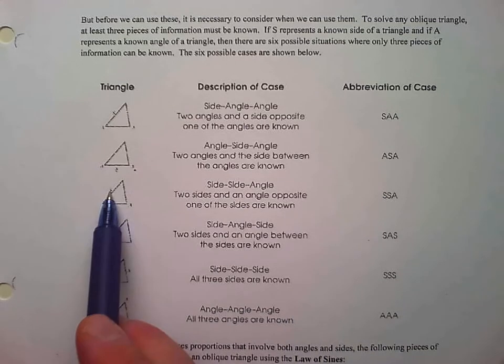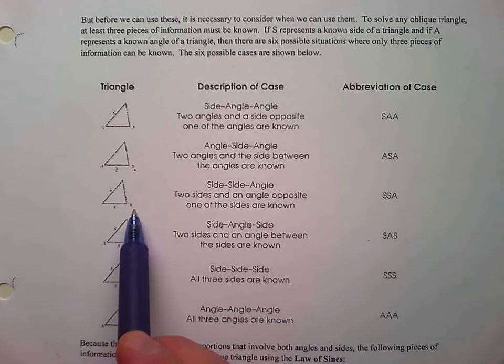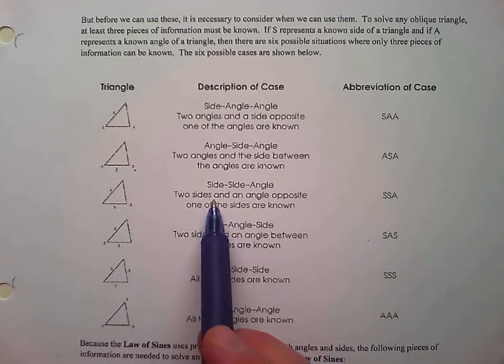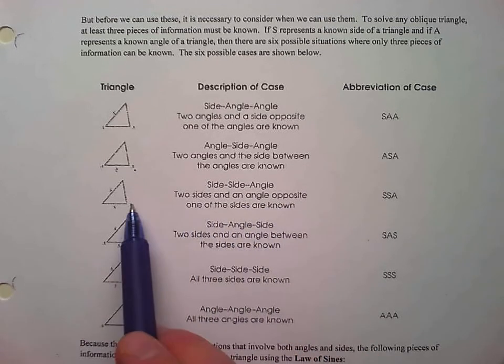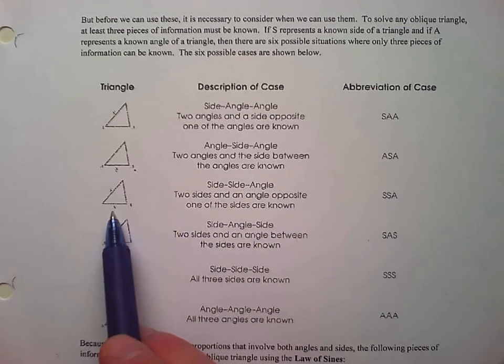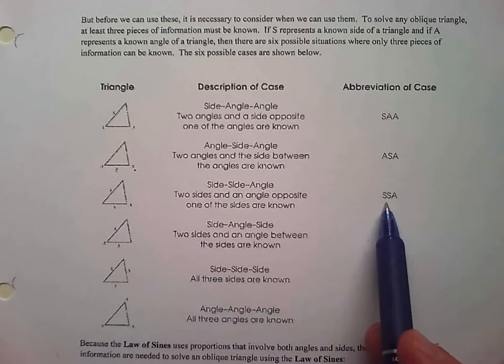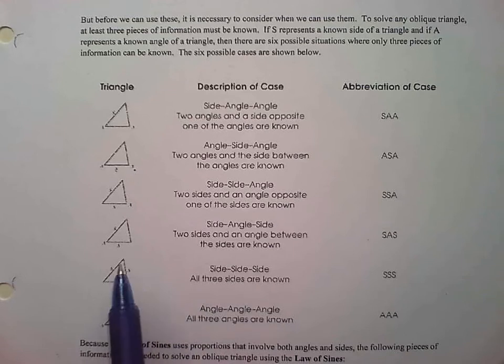Then we can have side, side, angle, where 2 sides and an angle opposite one of those sides are known. The abbreviation that we're going to use is SSA.